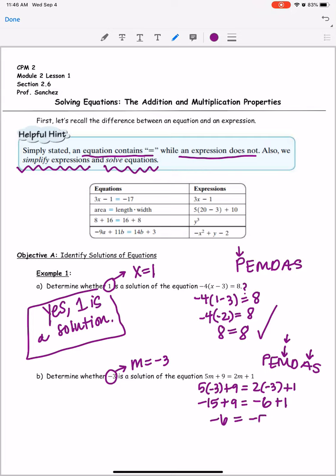That gives me negative 5. Do these equal each other? No. So I'm going to put a little line through this equal sign. That means does not equal. So negative 6 does not equal negative 5. So it's close, but they're still not equal. So we're determining whether my solution is negative 3. So my answer is no, negative 3 is not a solution.